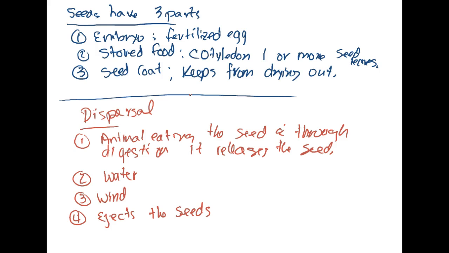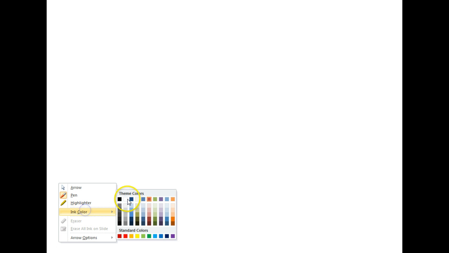So once they have been dispersed and they have the right conditions, it's now time for them to start to germinate. And so germination is an important process for the seeds because they have to be able to begin growing.